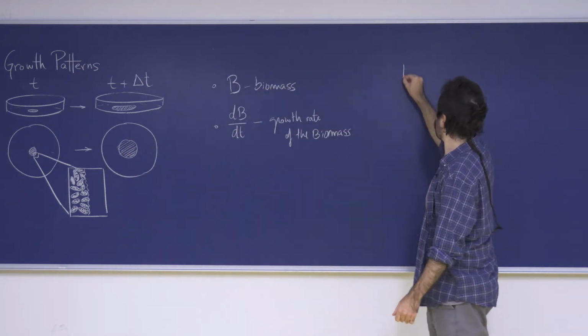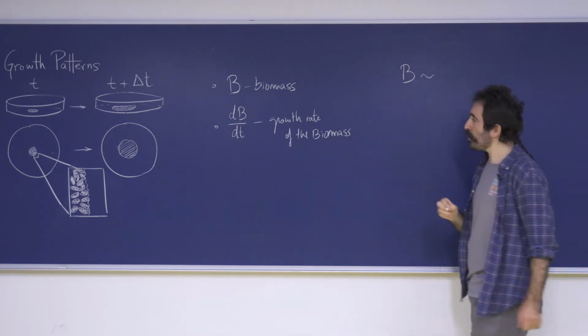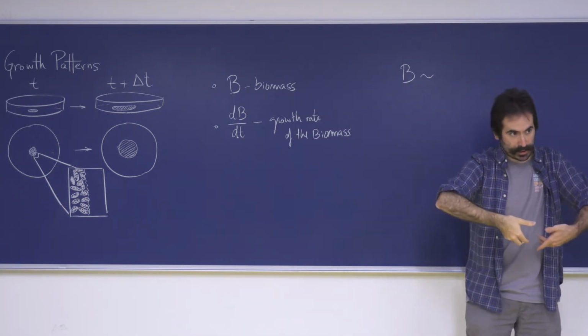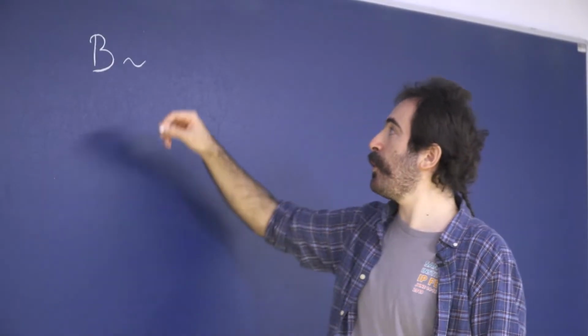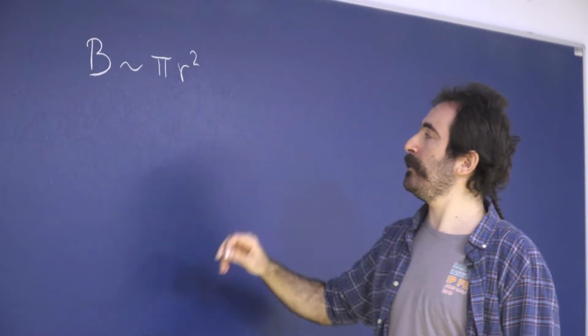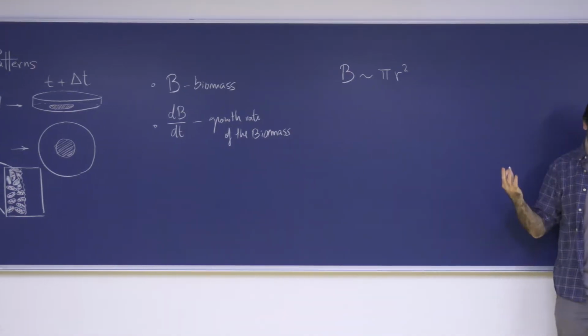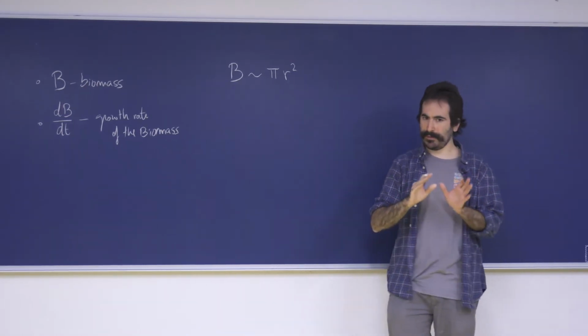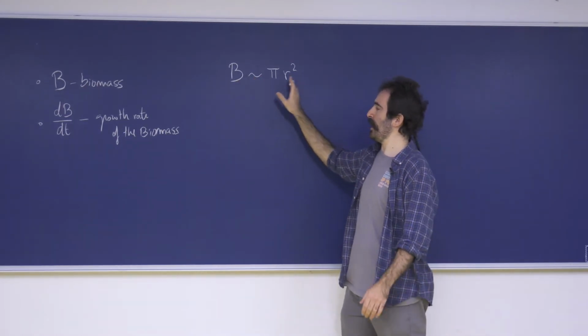The total amount of biomass has to be proportional to the surface area that this circle is expanding with. So there's going to be a proportionality of this type, right? This would directly be the area of the circle, but we can just ignore pi so far. We're going to just use proportionality.